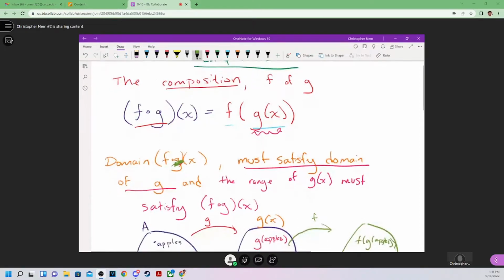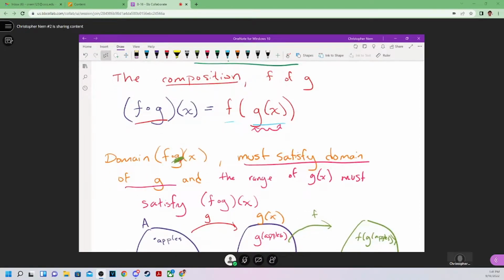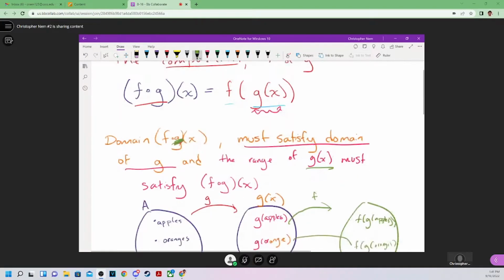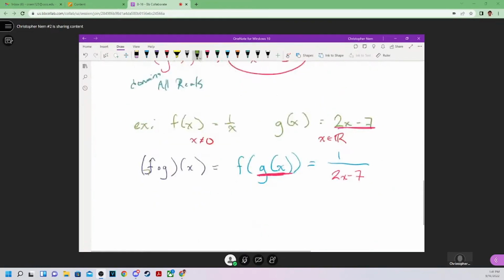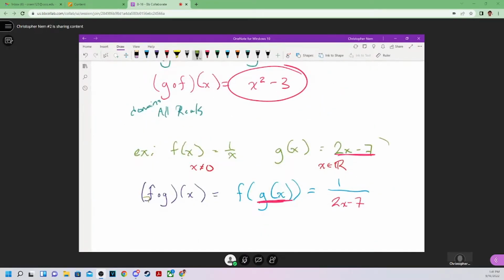And after that, you need to make sure the range of the second function satisfies your function f. So over here, we need to satisfy this domain, which is all real numbers. We don't need to satisfy f. We do not need to satisfy this guy. We need to satisfy function g.